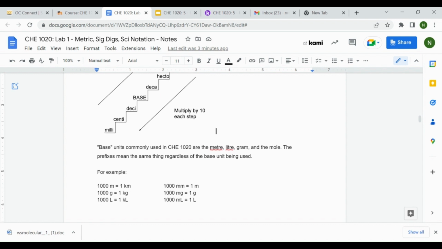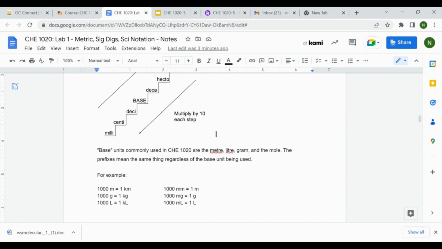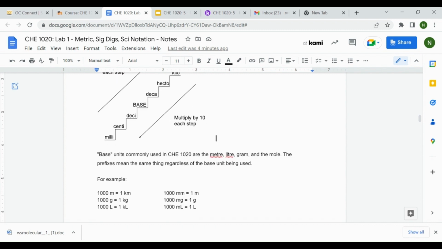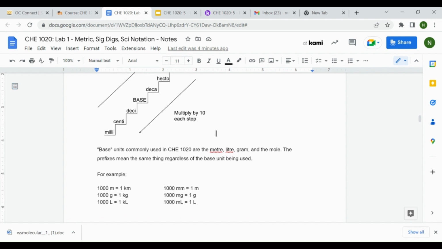So if I start with a meter, and I wanted to convert that to decimeters, because I'm moving down the staircase, I'd multiply by 10. So moving up the staircase, you divide. Moving down the staircase, you multiply.